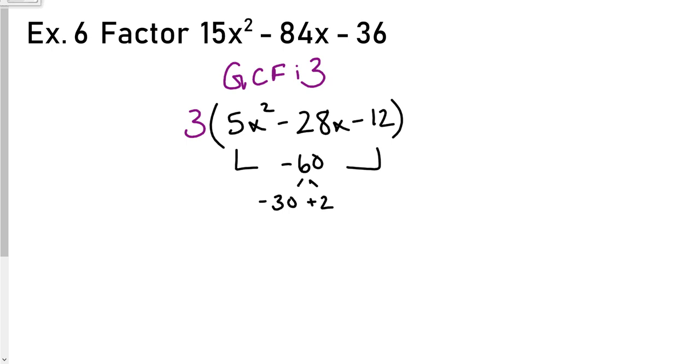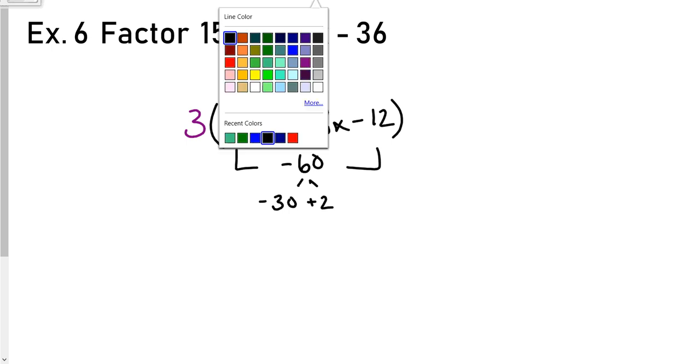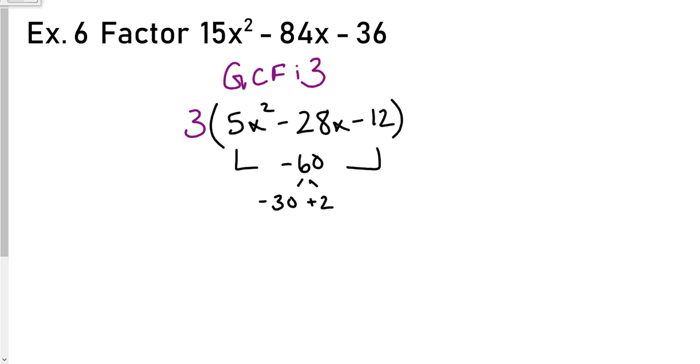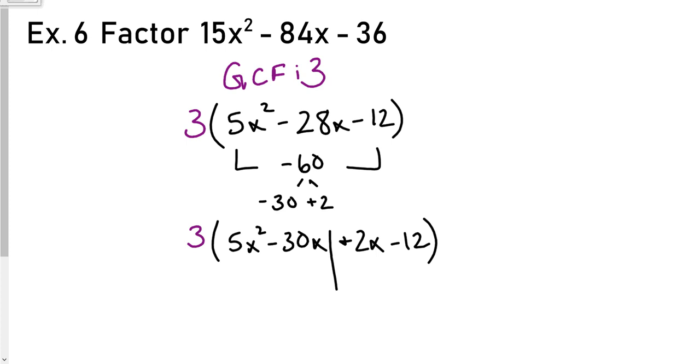Okay, so that means that I can rewrite this. All right, so I still have a 3 on the outside. I'm not going to forget about that. And I'm going to have times 5x squared minus 30x plus 2x and then minus 12. All right, so if I factor by grouping here, I still have a 3 on the outside.